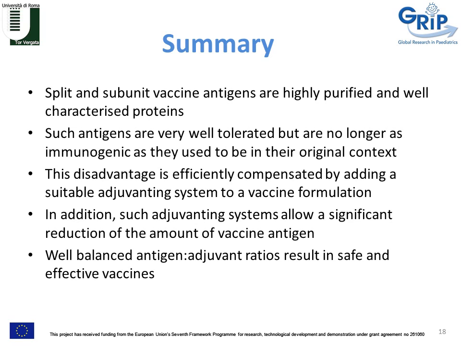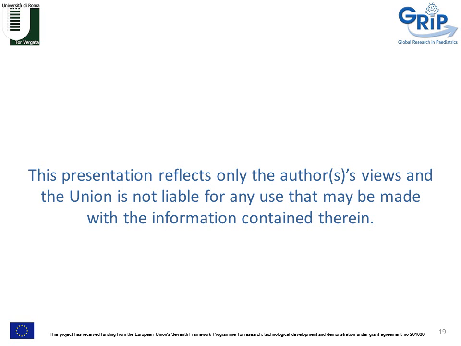So in conclusion, we know in the meantime that a well-balanced antigen and adjuvant ratio results in safe and effective vaccines in principle for any age and risk group, meaning for anybody who might be defined as a target population. So this concludes my second presentation.